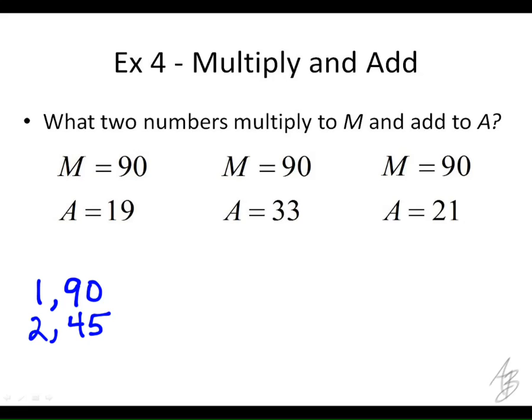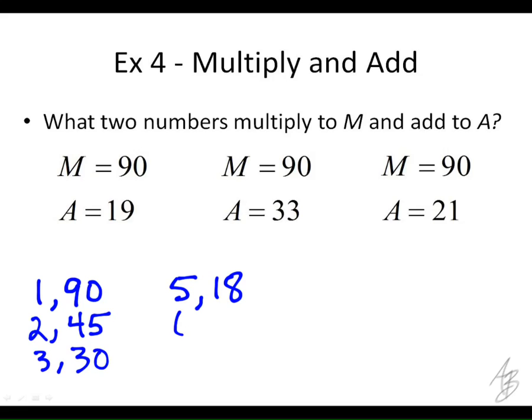Does 3 go into 90? Yeah, 3 times 30. All right, how about 4? 4 doesn't work because if you type that into your calculator, 90 divided by 4, you get 22.5. That's not going to work, right? So how about 5? 5 and what? 18, okay.